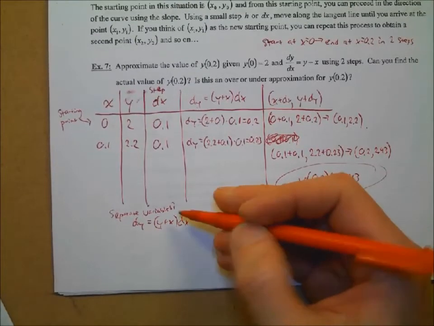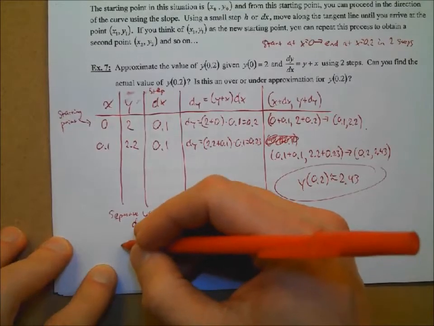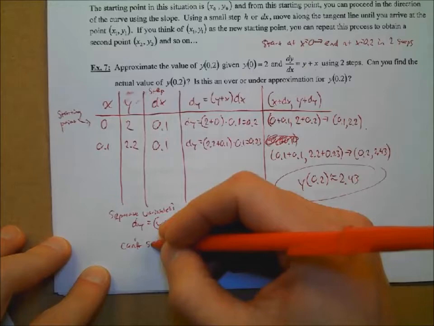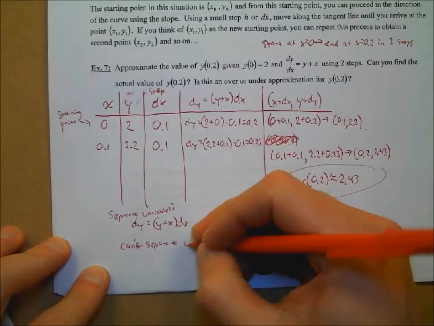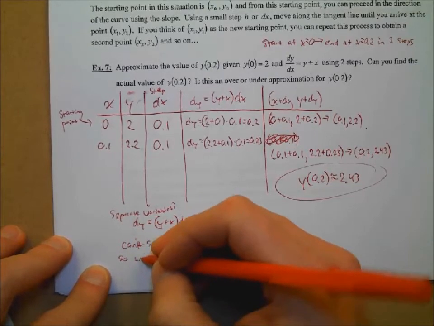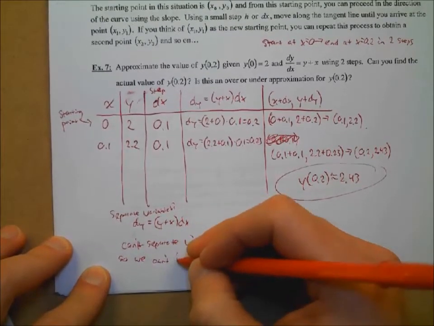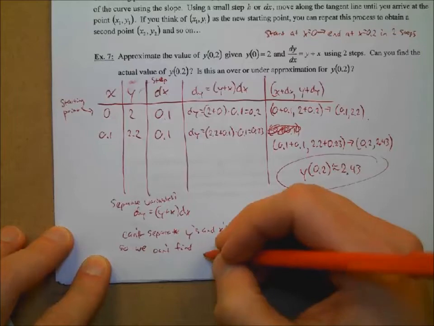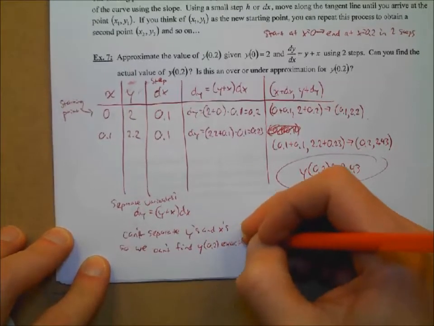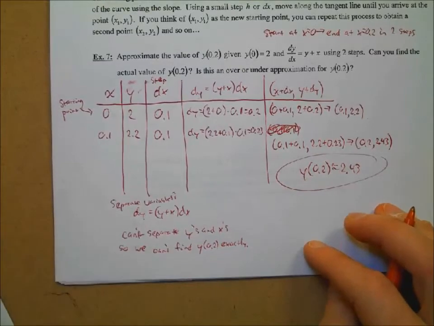So no, this won't work. We can't separate y's and x's, so we can't find y of 0.2 exactly.